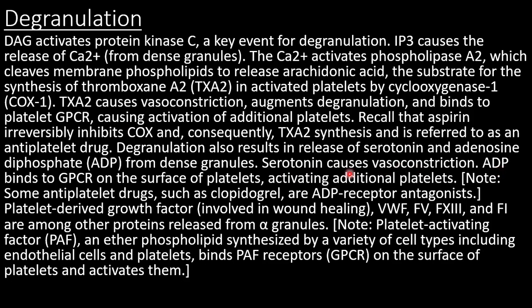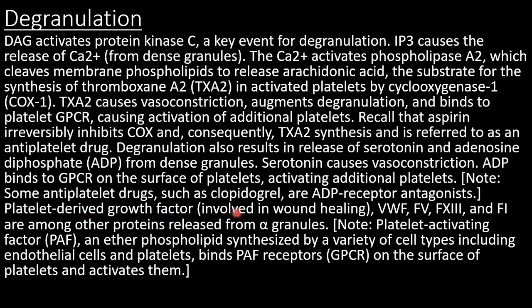ADP will bind to G protein coupled receptors on the surface of platelets, activating additional platelets. Note that some antiplatelet drugs known as clopidogrel are ADP receptor antagonists, so they will inhibit platelet activation.